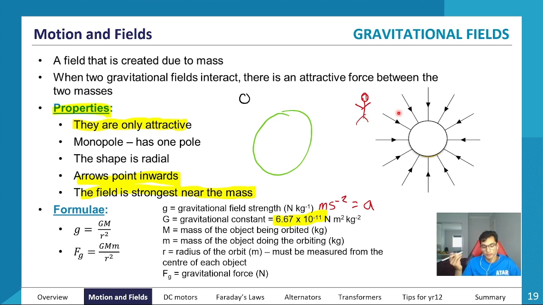And for the second formula, force is equal to G multiplied by big M multiplied by little m divided by r squared. What that gives us is the force between two gravitational fields. If you remember the previous definition, you can only have a force if there are two fields interacting with one another.